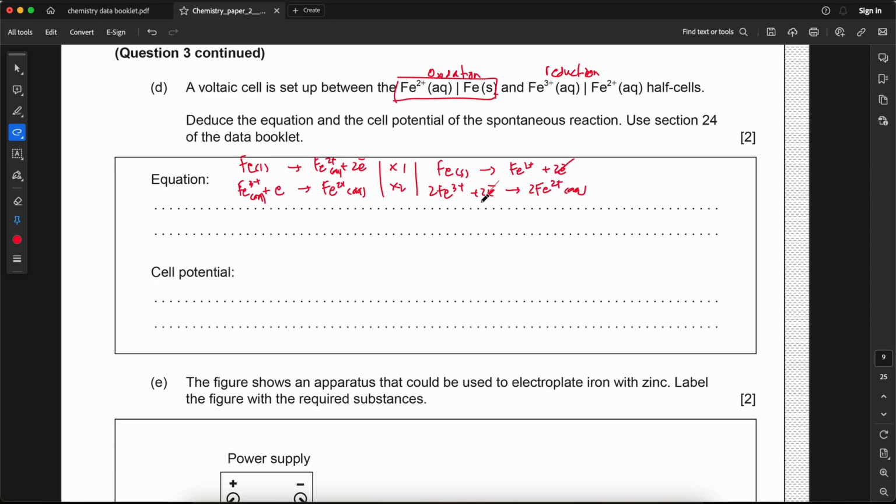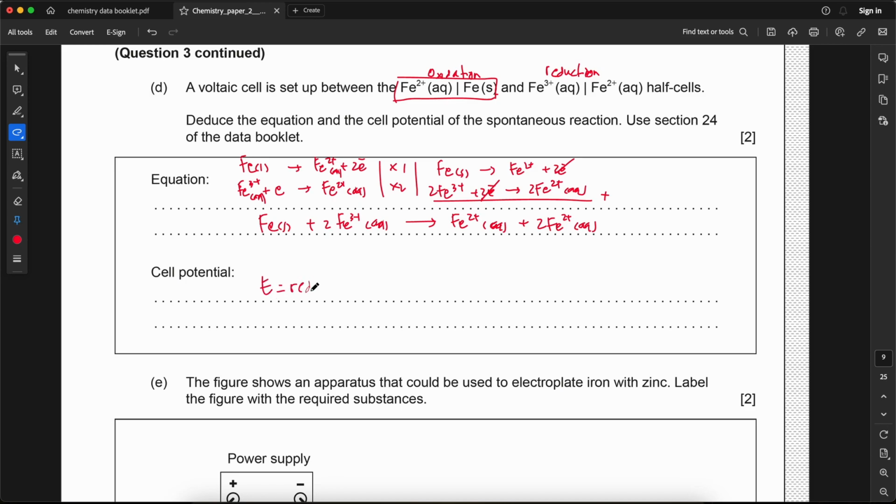So we can eliminate this and then we add this. That would be Fe solid plus 2 Fe3+ aqueous becomes Fe2+ aqueous plus 2 Fe2+ aqueous. What about cell potential?